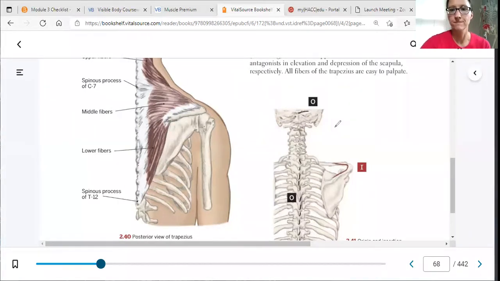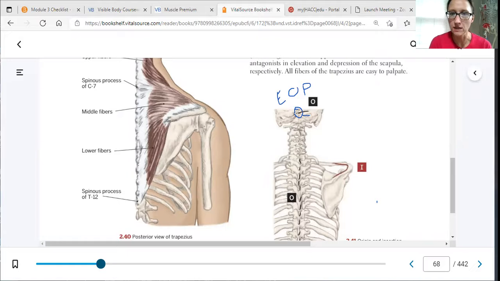I get to draw. Okay, so here's the EOP right there. E, O, P, external occipital protuberance. So that's attachment number 1 for the origin. Attachment number 2 is actually right here.